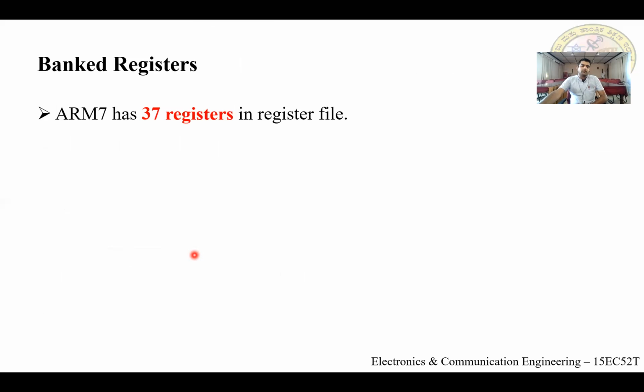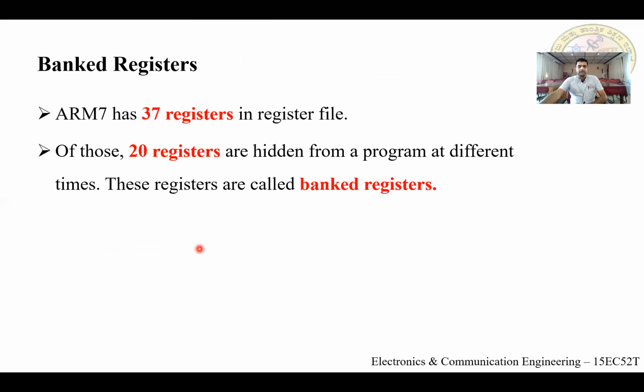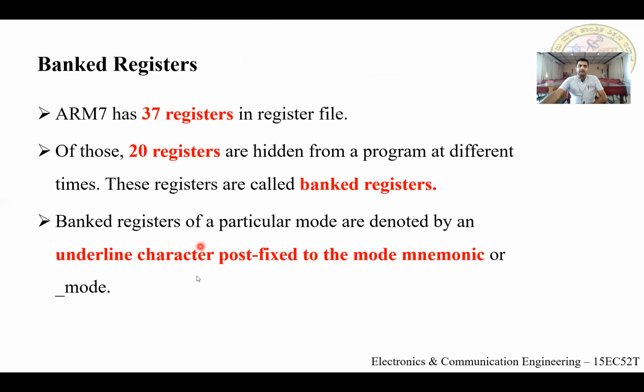In ARM7, a total of 37 registers are there. Out of these 37 registers, 20 registers are hidden from a program at different times. These hidden registers are called banked registers. Banked registers of a particular mode are denoted by an underscore and the mode mnemonic.